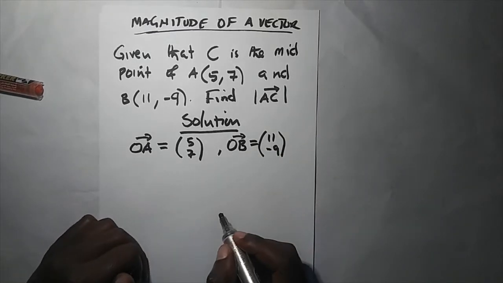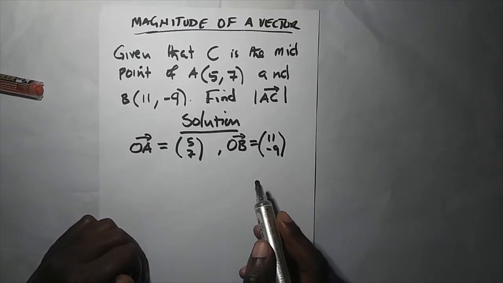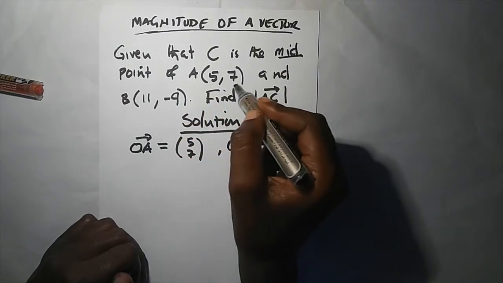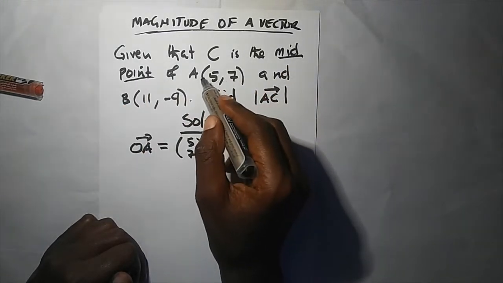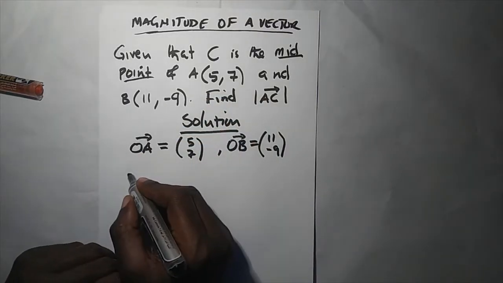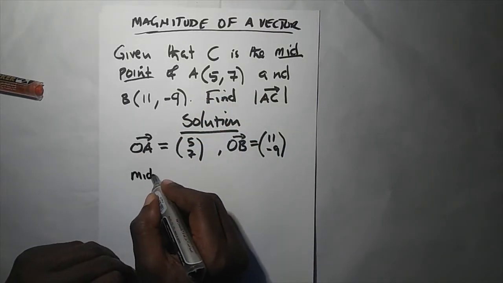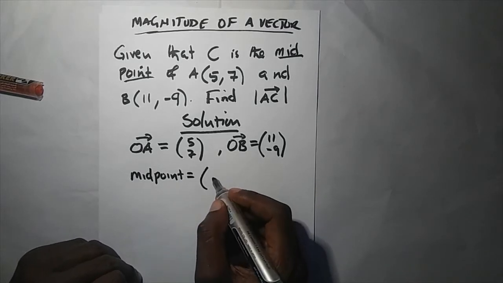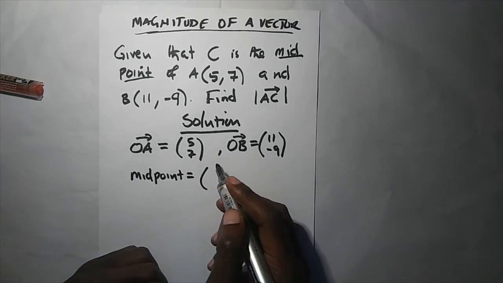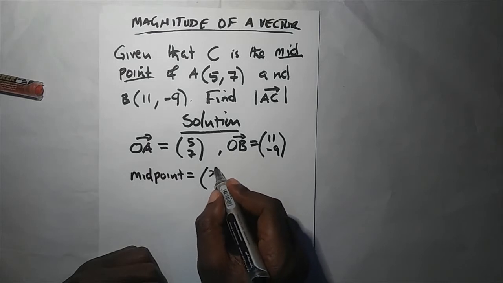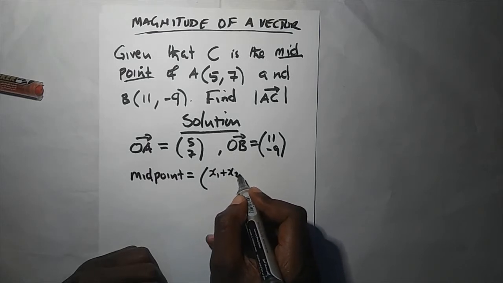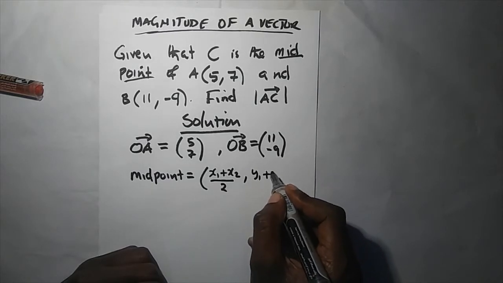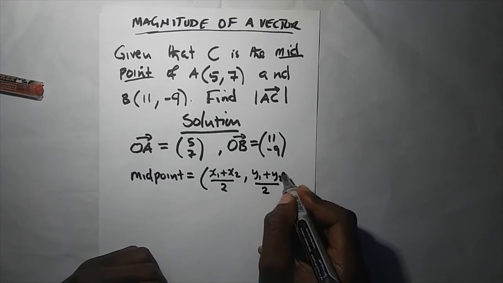Now that we have written these points as column vectors, we now need to find the midpoint of A and B. The midpoint is found by this formula: x1 plus x2 all over 2, comma y1 plus y2 over 2.